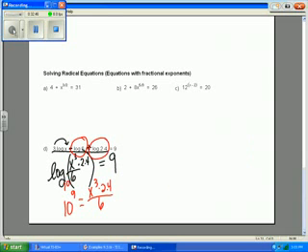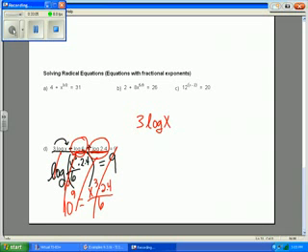This log 6 and this log 2.4, those are real actual answers that you can calculate. So what if we did that? What if instead of doing it this way and getting all this stuff we're manipulating around, we went ahead and determined these values? So let's go back to this. It's okay.